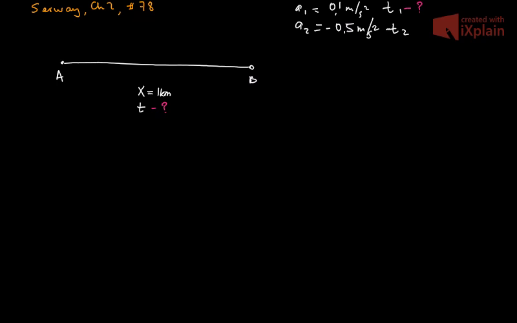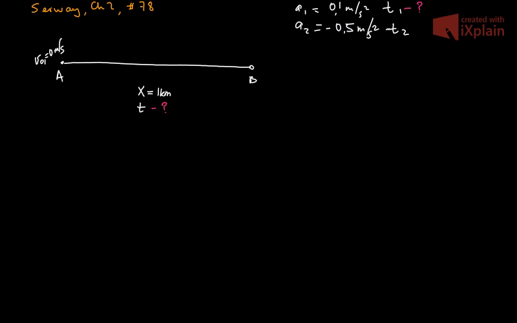Okay, so let's try to understand what's happening here. First of all, the train starts at station A, and initially it's at halt, so I'm going to call it v01 equals 0 meters per second. I'm calling it 01 because I want to split the trip from A to B into two parts.